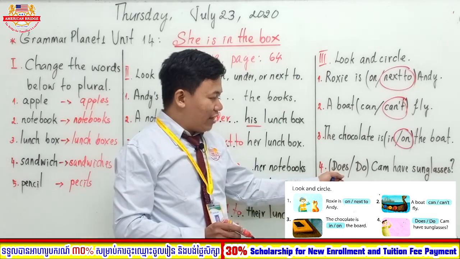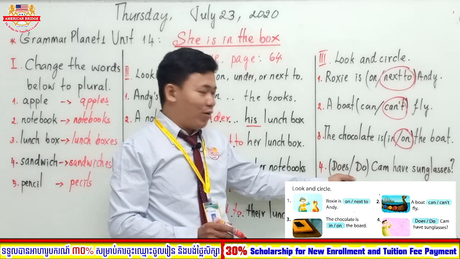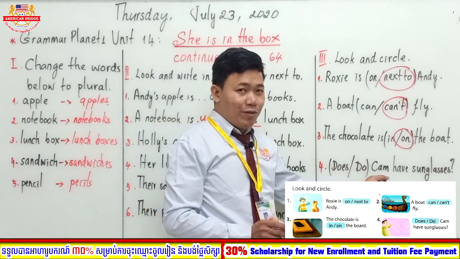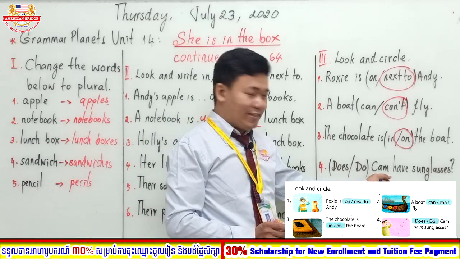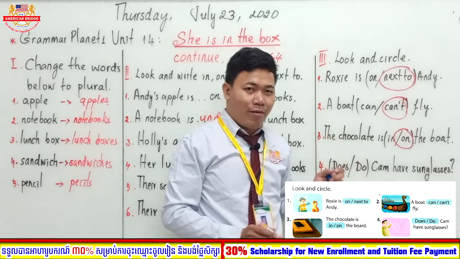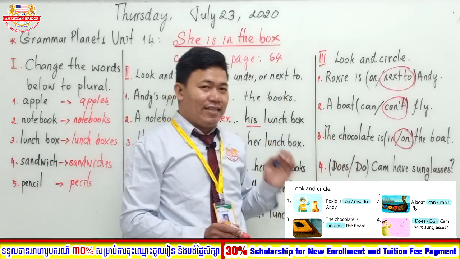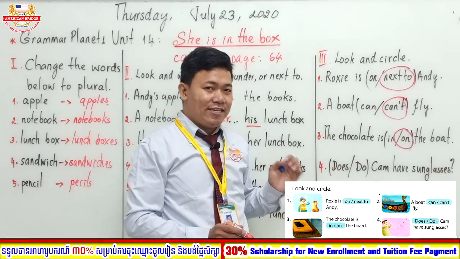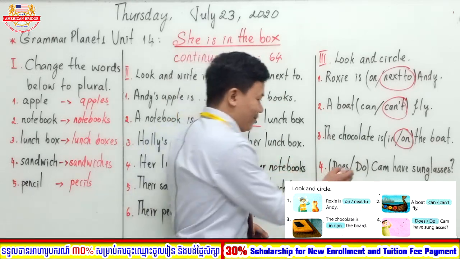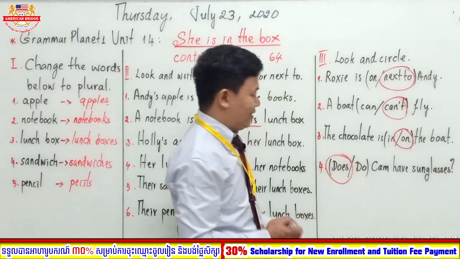So we choose does or do? Okay, we choose does. Why? Because this is singular, the name of a person. Singular, right? And have, right? Remember the form, everyone? Yes. Does plus he, she, it plus have, right? So this is the form. We circle does.